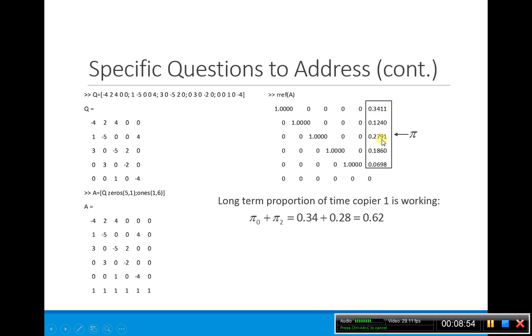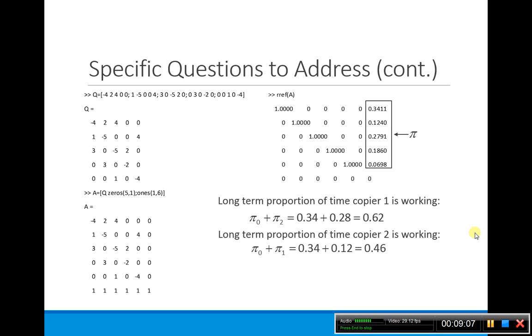This one is none, this one is copier 2, so we have 0.62. The long-term proportion of time copier 1 is working is 0.62. Similarly, for copier 2, this is going to be pi 0 plus pi 1. So we pick off pi 0 and pi 1, and copier 2 is working 0.46. The long-term proportion of time copier 2 is working is about 46% of the time.